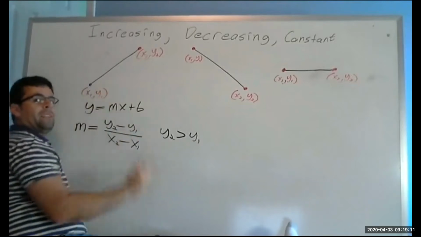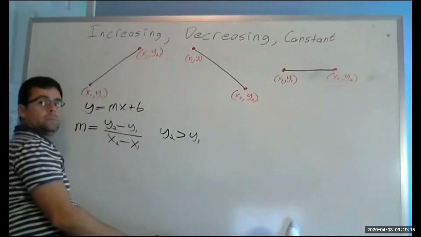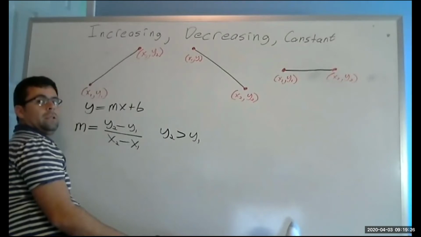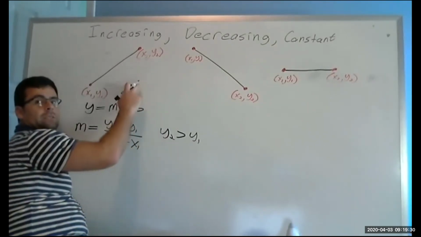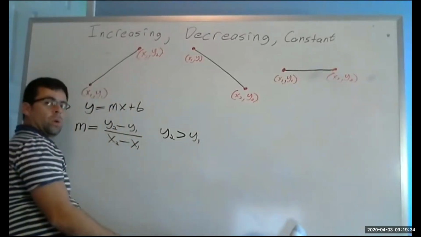What does that mean about the x values of this one relative to this one? If you're further to the right, what does that mean about your x value?